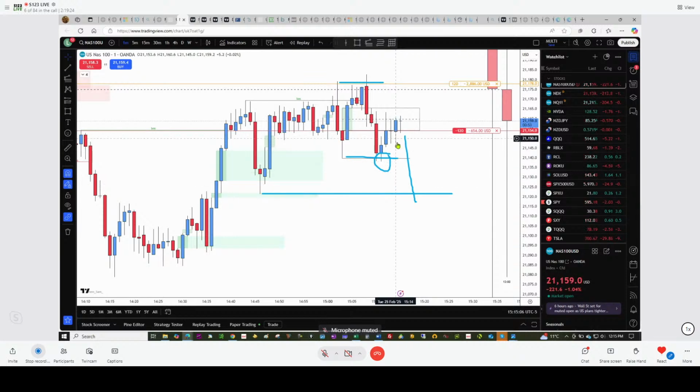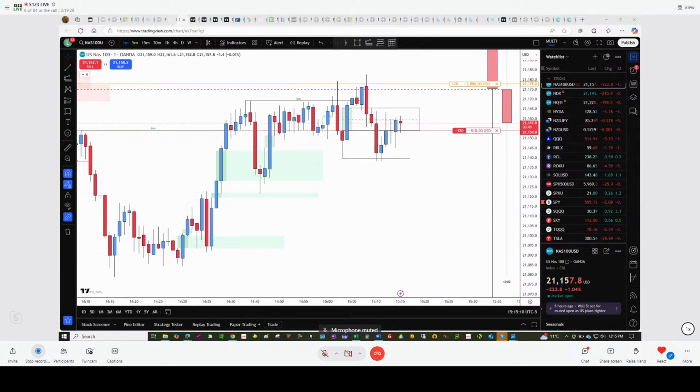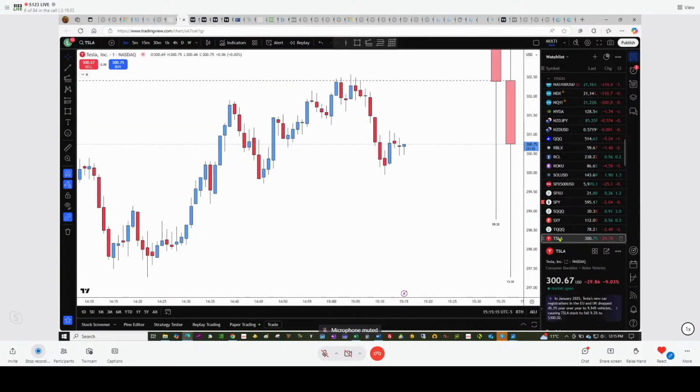Big red candles here, boom, boom, boom. It's struggling trying to do that though. See the difference with Tesla. Tesla made a nice drop. That's what I'm looking for now, a drop like that.